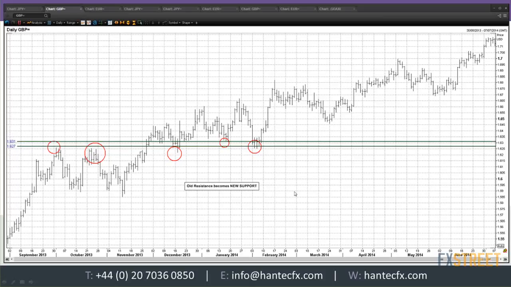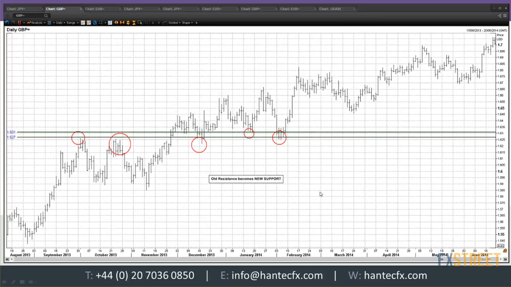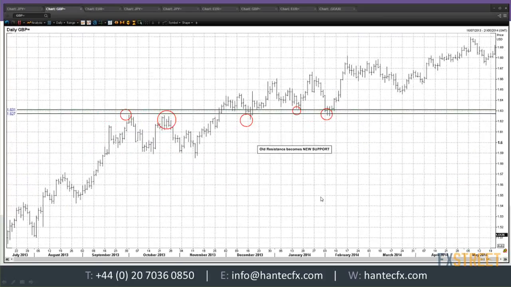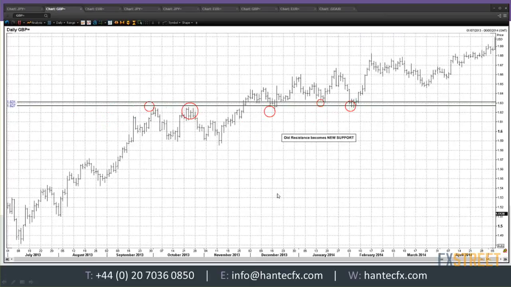So just make sure you get that out of your heads. In terms of the levels you can use, I like to use key market turning points. Certainly key levels on the daily chart, key turning points like big highs, big lows would be the basis of support and resistance.